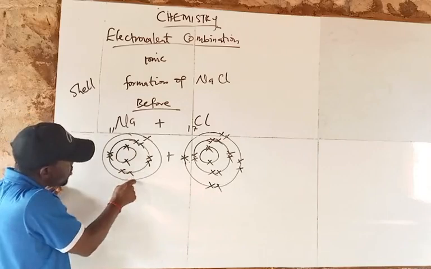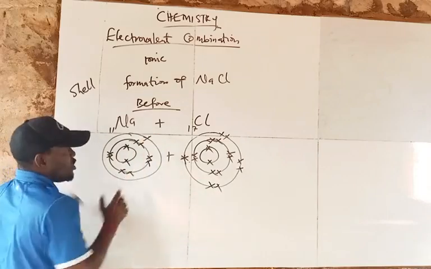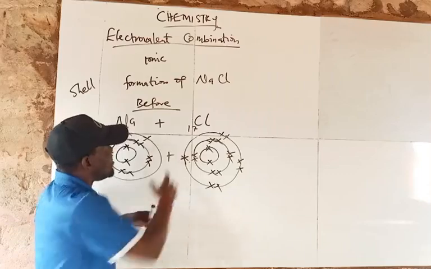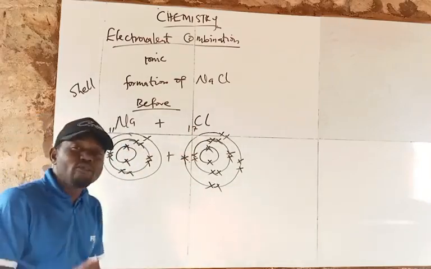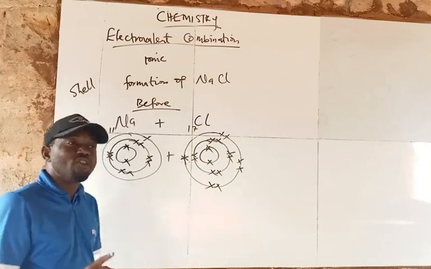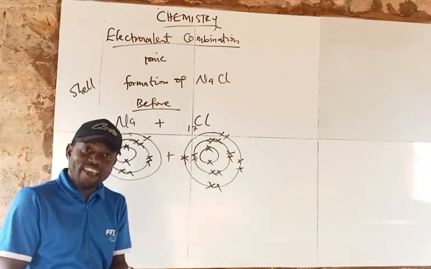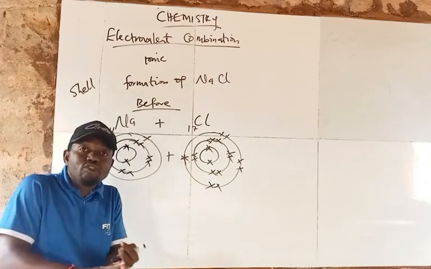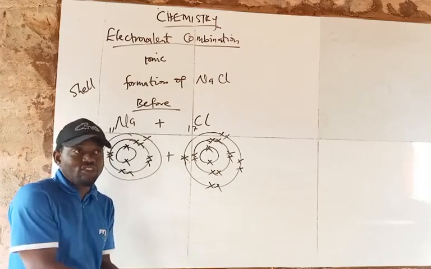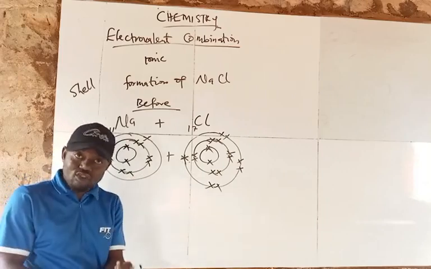Now you see that the outermost shell of sodium has 1 electron, while the outermost shell of chlorine has 7 electrons. For an element to be stable, it must have either a complete 8 electrons in the shell or a complete 2 electrons, the octet structure or the duplet structure.